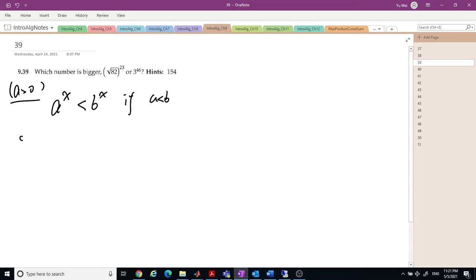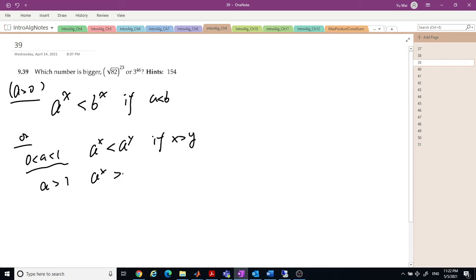Or we know if 0 is less than a is less than 1, then a to the x is less than a to the y if x is greater than y. And if a is greater than 1, we have a to the x greater than a to the y if x is greater than y.